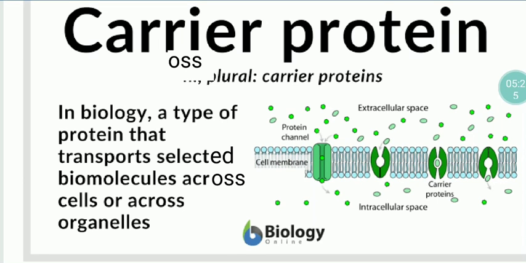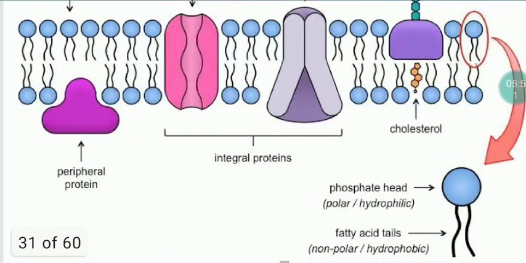If it is transporting calcium, we call it a calcium pump. In this way, the carrier proteins are very, very specific. They do not transport every kind of molecule on either side of the plasma membrane. That kind of protein which transports specific molecules on either side of the plasma membrane is known as a carrier protein.